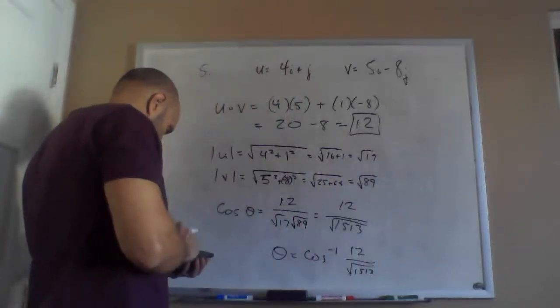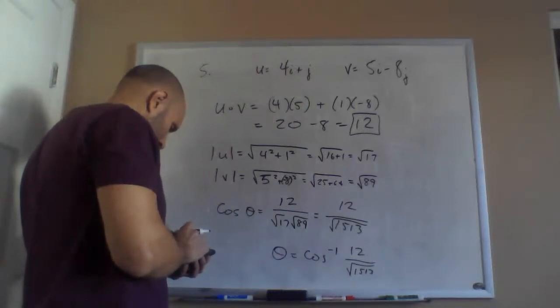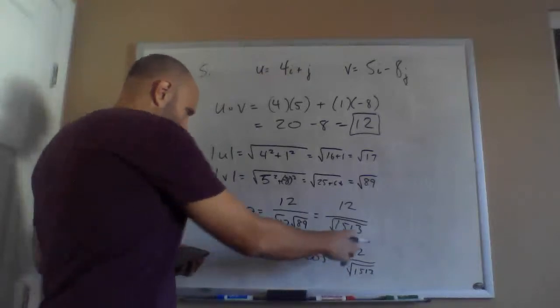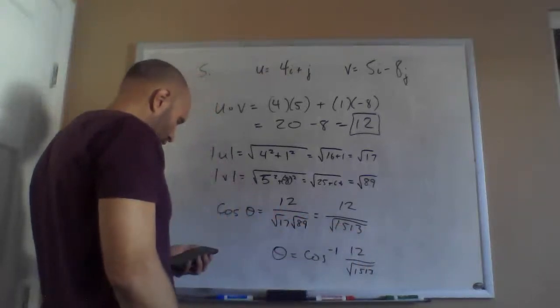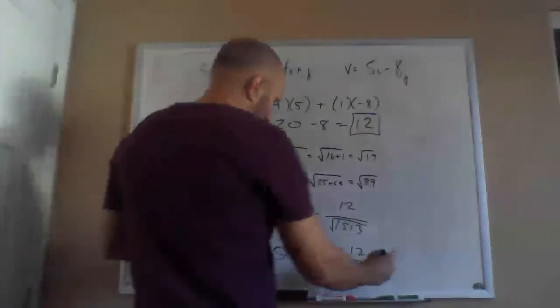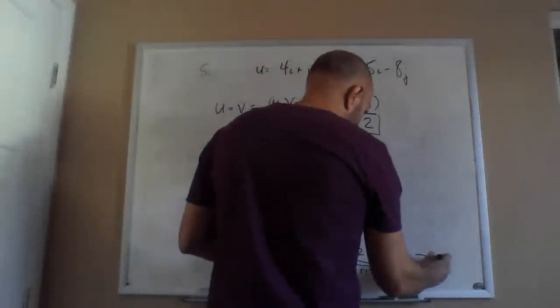So this is roughly 0.309. Cosine inverse of that gives you that theta is about, I think it says the nearest degree, 72.